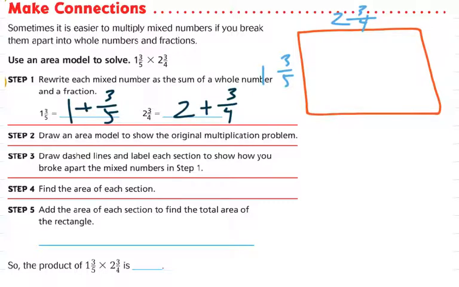Next, draw dashed lines and label each section to show how you broke apart the mixed numbers in step 1. So, boys and girls, our first dashed segment is going to be the 1 by 2. So we know that this section here is 1 and this section here is 2. 1 times 2 is equal to 2.